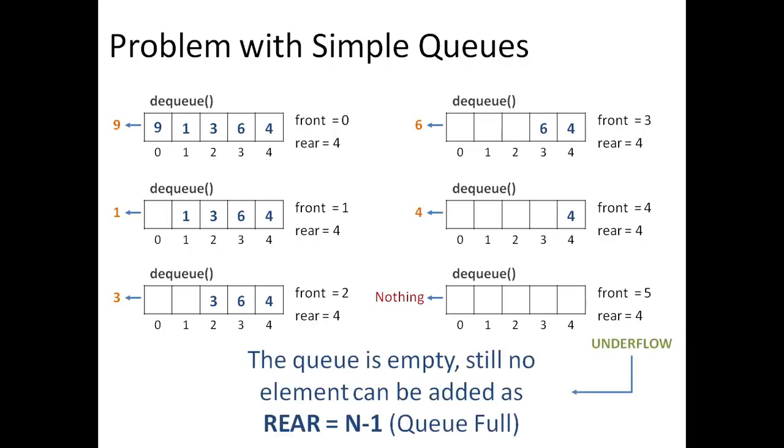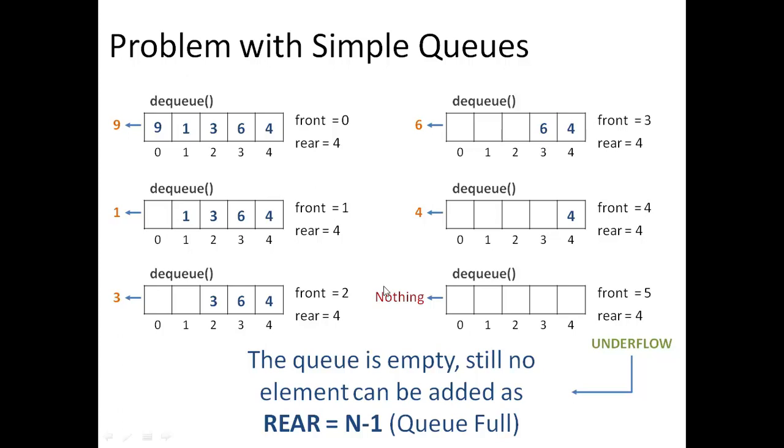Now, here comes the contradiction, as the queue is both underflowing as well as overflowing. It is underflowing as the front exceeds the rear pointer, and it is overflowing because rear is pointing at the maximum index available in the array.